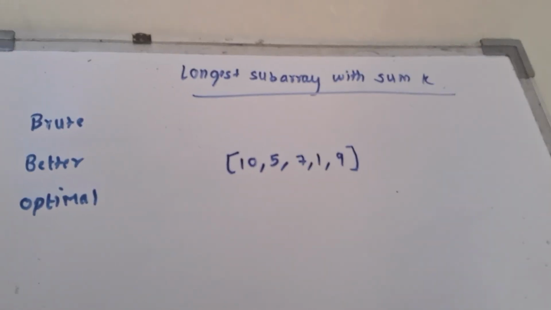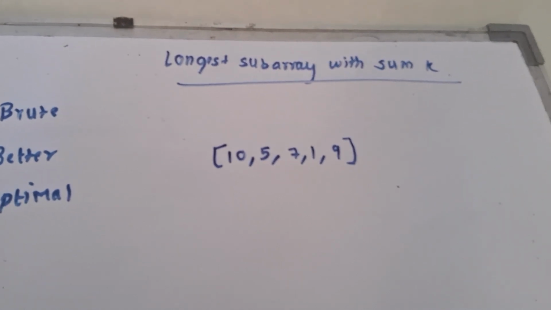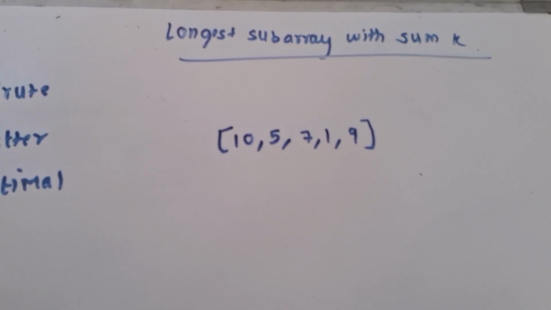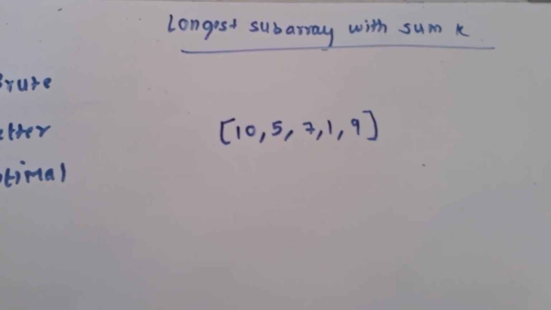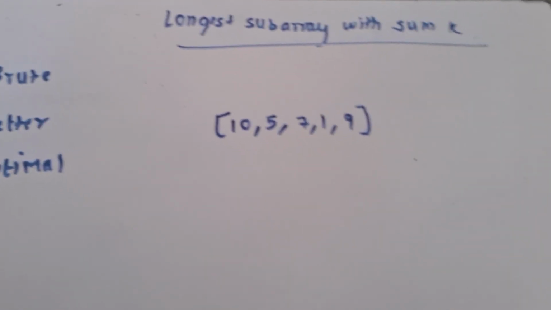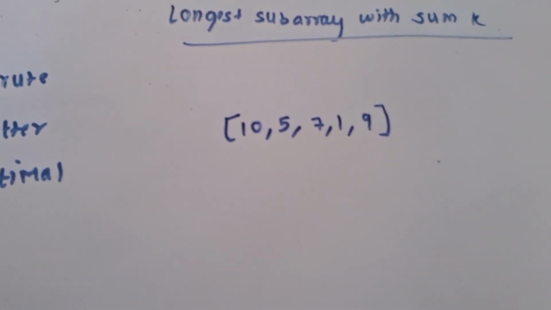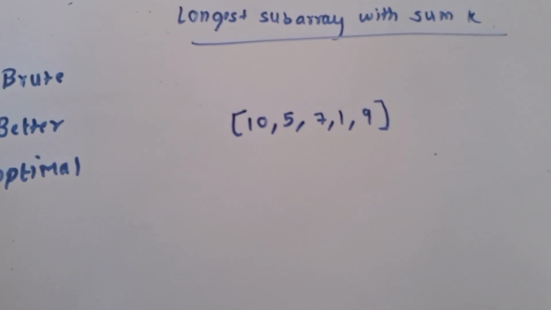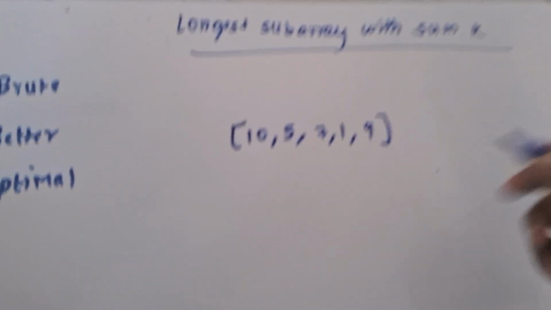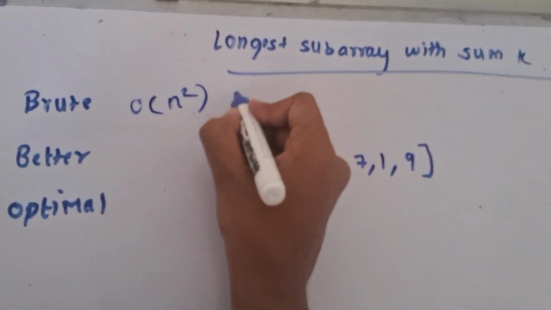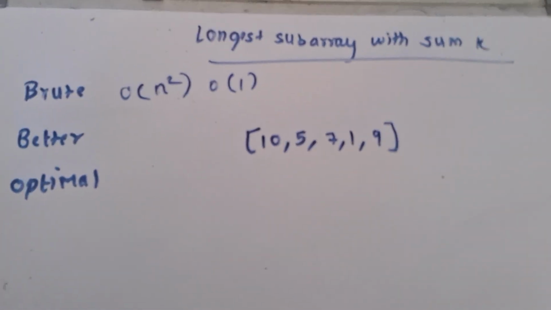For this problem, you have to start with a brute force approach first in an interview. The brute force approach for the longest subarray with sum k would be to generate all the possibilities of the array by using two for loops. I'm not going into detail for that approach, but it's a very easy approach. It will take O(n squared) time complexity and O(1) space complexity.